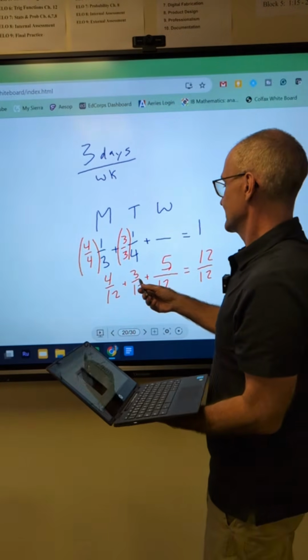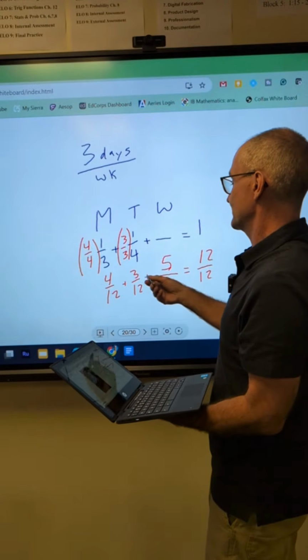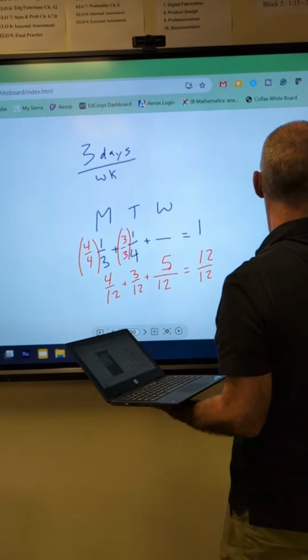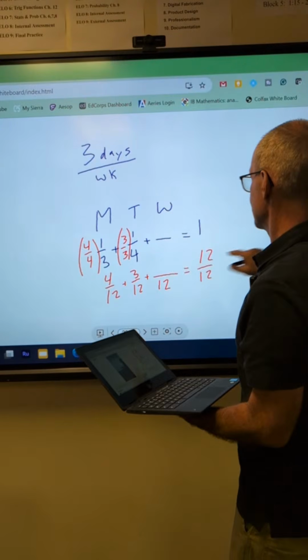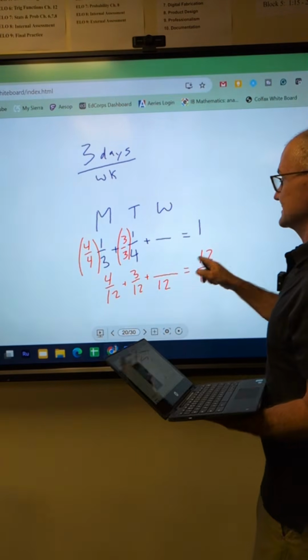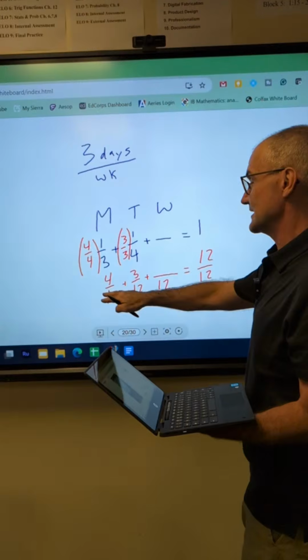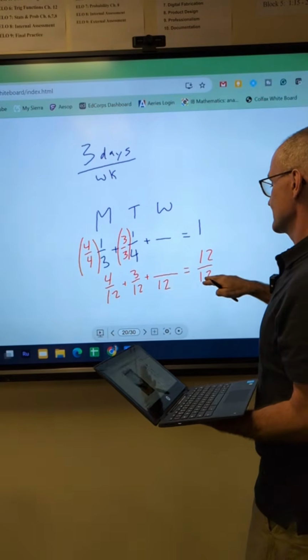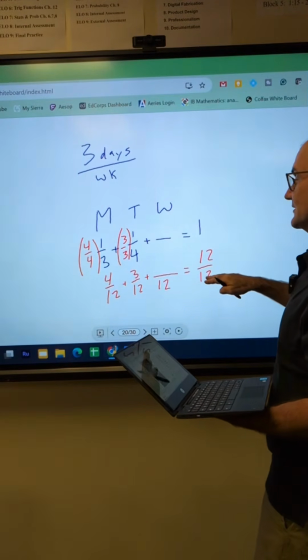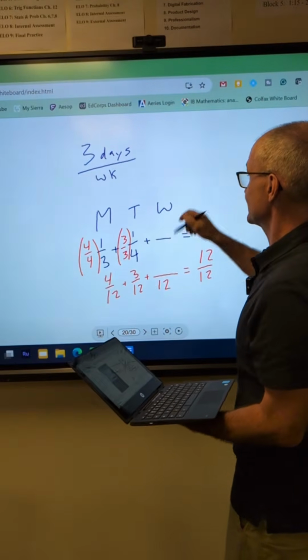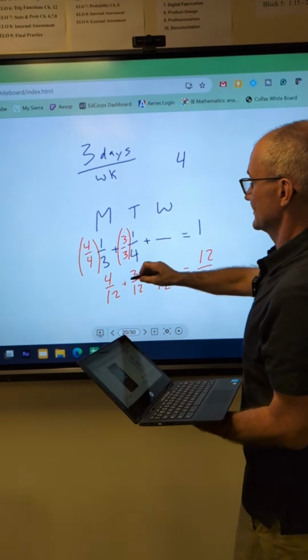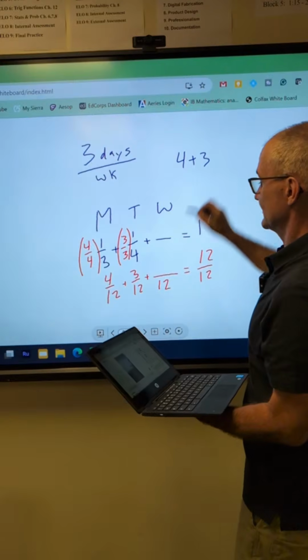How did I get that 5? Because I said 4 plus 3 plus what? I don't know what that is, so I don't know what that is equal to 12. All of those fractions have that common denominator, so those are all the 12s. So just in the top, I am saying 4 plus 3 plus I don't know.